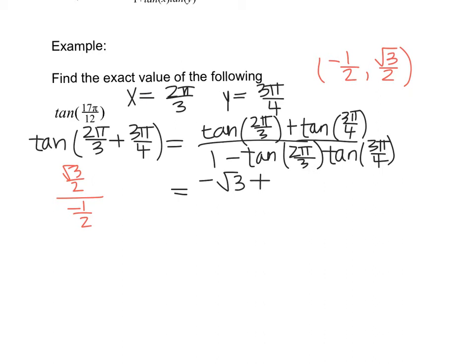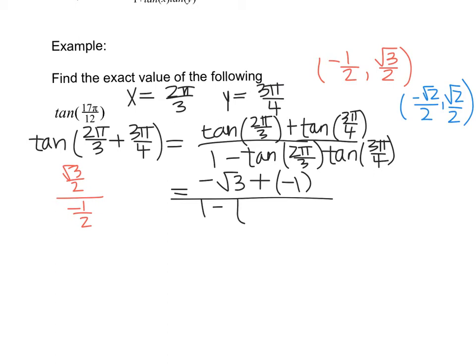Well, on the unit circle, 3 pi over 4 is the point negative radical 2 over 2, comma radical 2 over 2. So when we divide those, because they're the same thing, one positive and one negative, we're going to get -1 when we divide them. All over 1 minus negative radical 3 times -1.